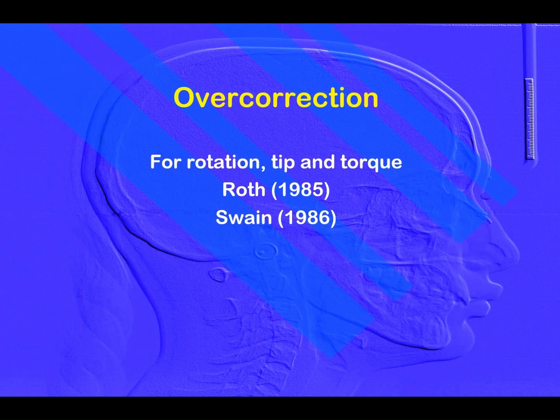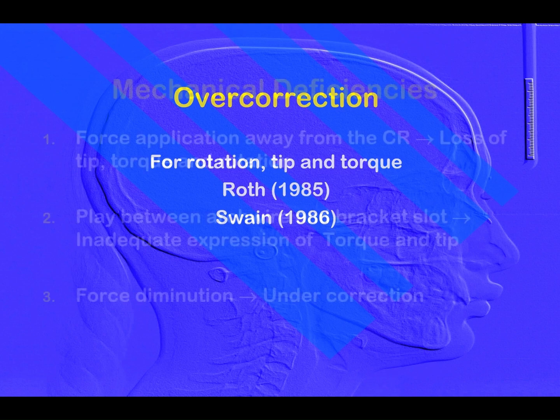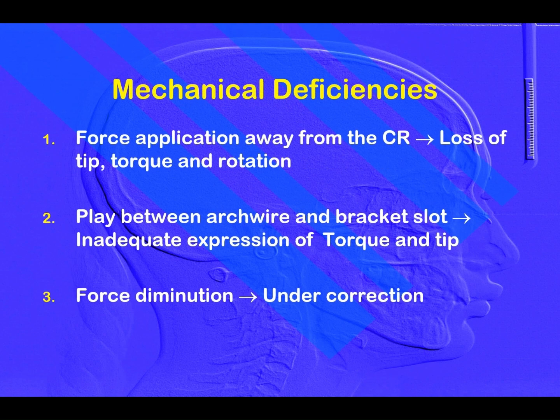While treating a malocclusion, if overcorrection for rotation, tip, or torque is needed, it becomes difficult to achieve with any pre-adjusted edgewise appliance. Additional arch wire bending is needed to achieve the overcorrections. Like standard edgewise appliances, one of the major deficiencies of the pre-adjusted edgewise appliance is a mechanical deficiency.